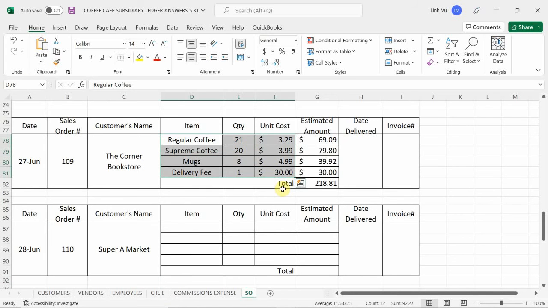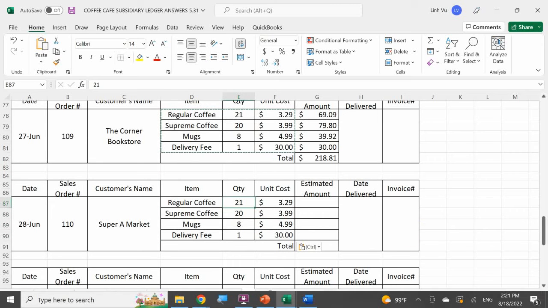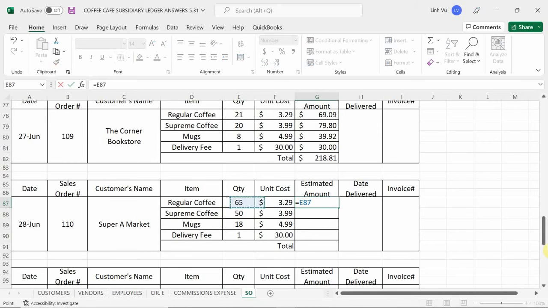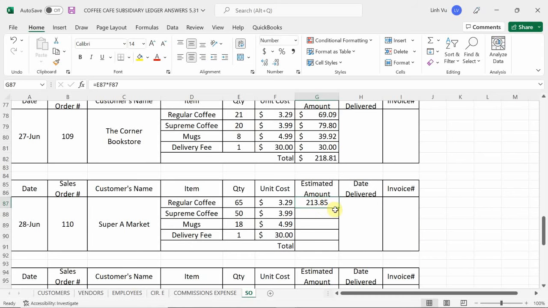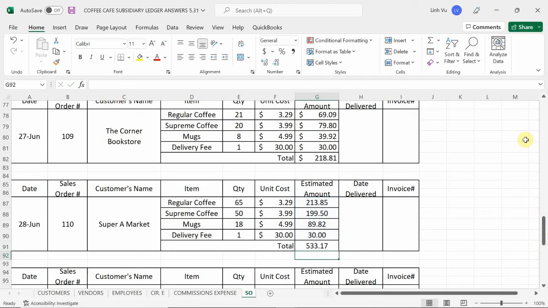Yes. So it's 65 pounds and 50 pounds and 18 mugs. The estimated total is 533.17. Okay, 533 and 17 cents.